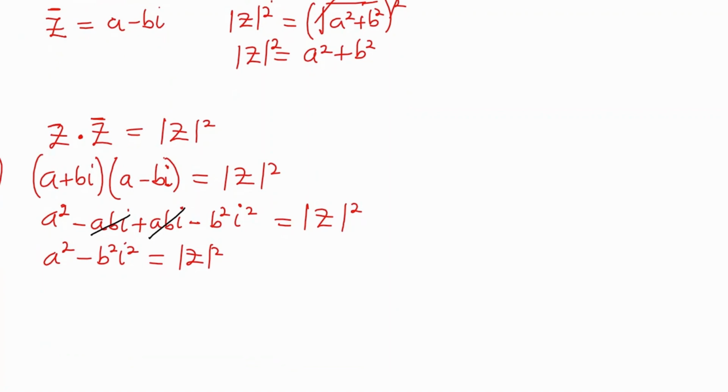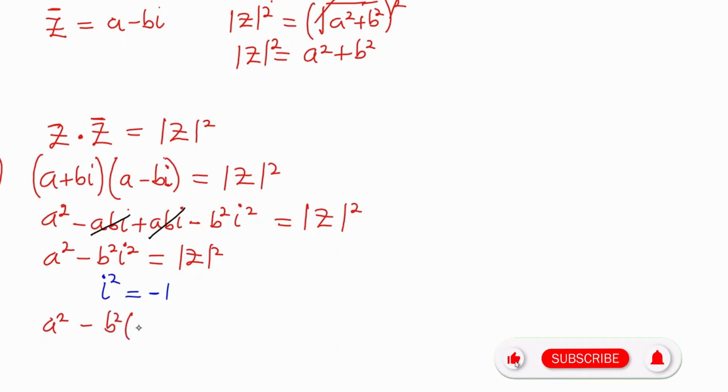So here we can see that when we consider i squared, for every i squared in complex numbers, its value is minus 1. So we do that substitution here, which means our a squared minus b squared, now multiplied by minus 1, that is for i squared, is equal to the magnitude of z squared.